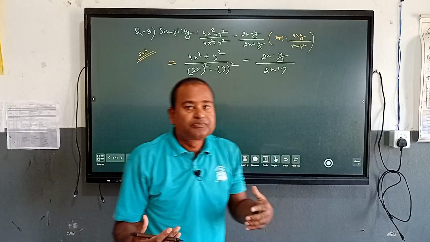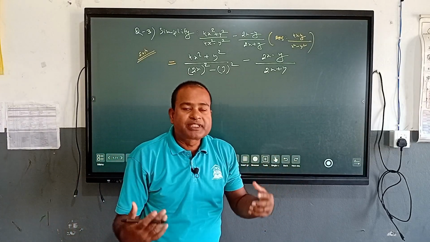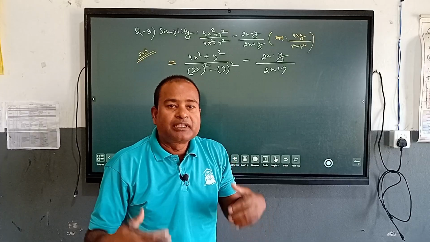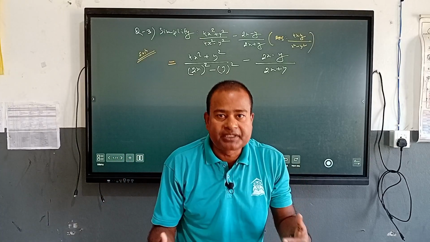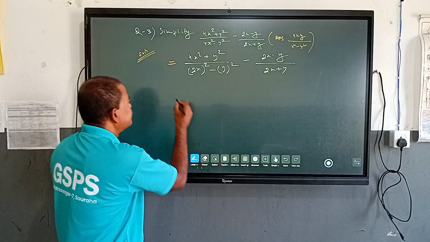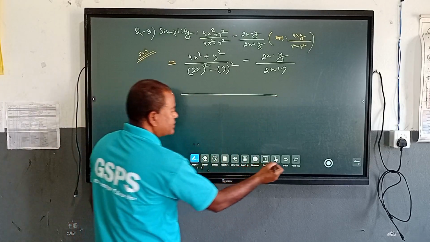So dear students, at first we have to factorize the denominators if it is possible. Then in the next step we have to take the LCM of denominators. So let us take the LCM.